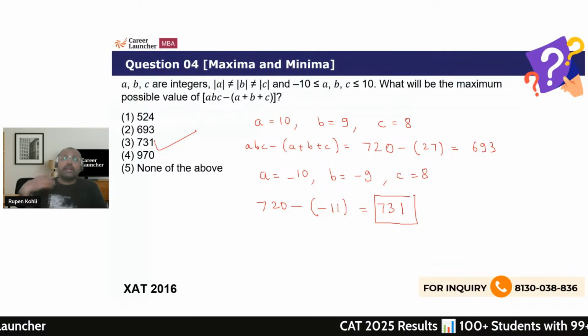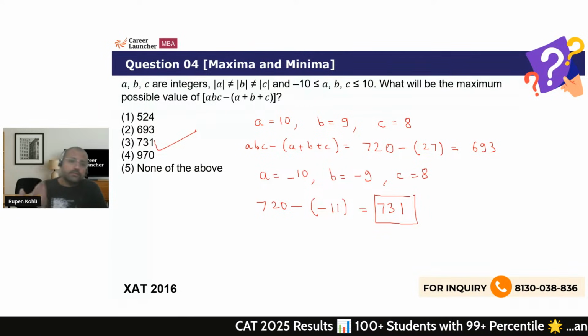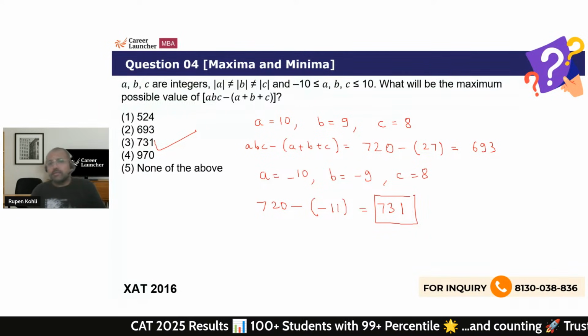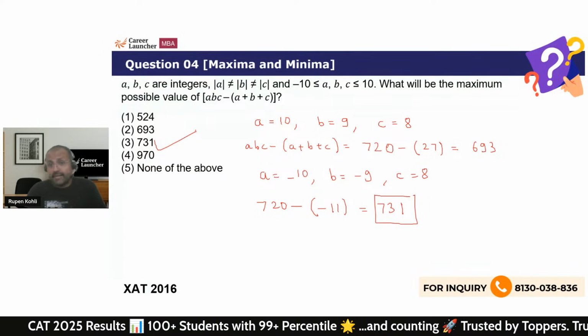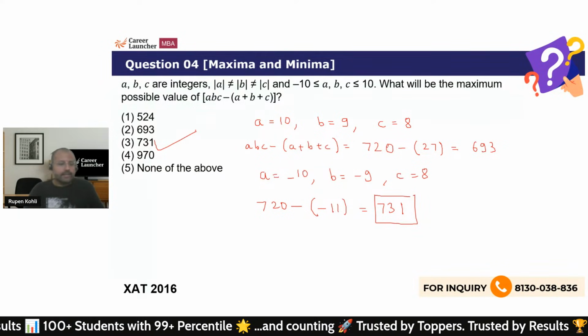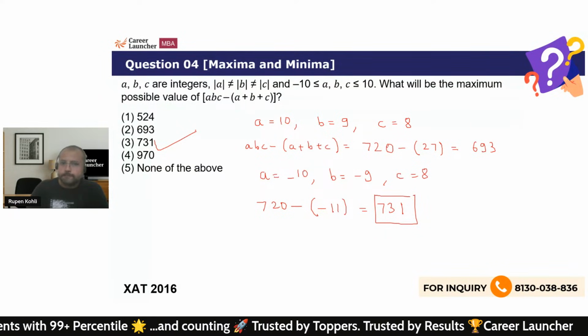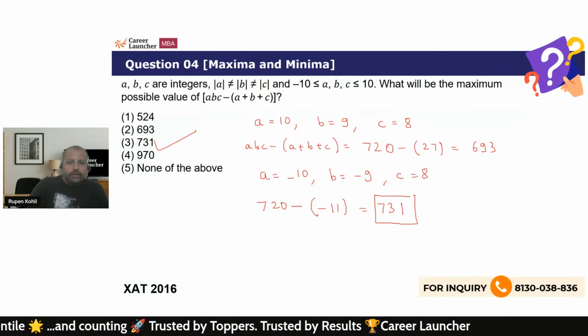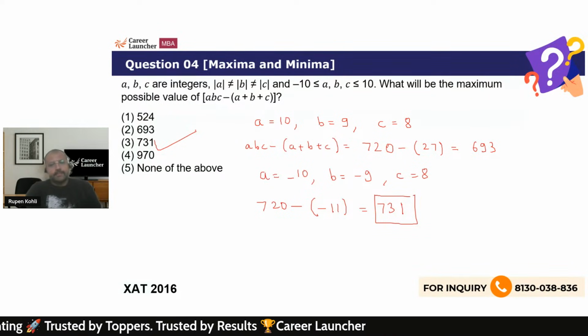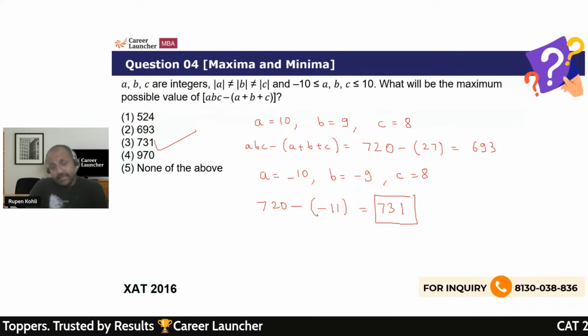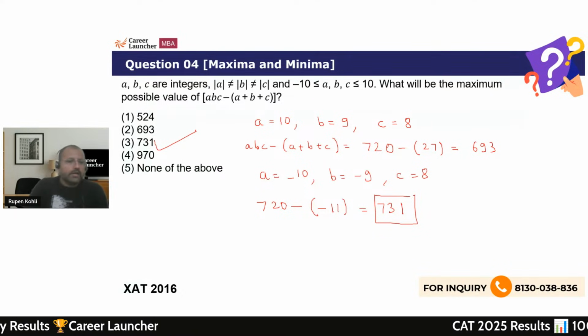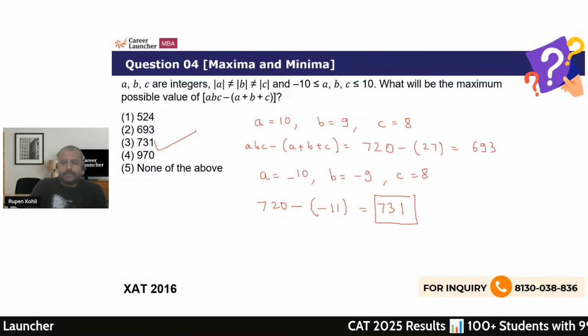You should know that you have to think on your feet. You have to try different options, right? And 693 is a very good trap option in this case. All right, so things like this I think can come up. Perfect. Let's move ahead.